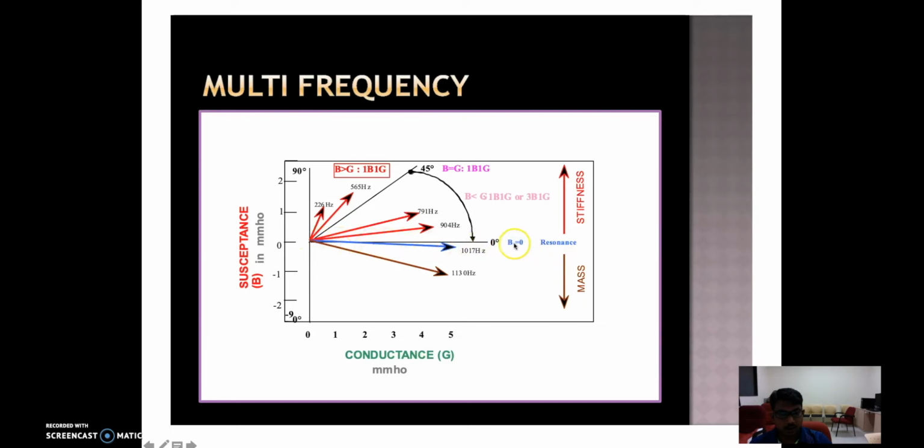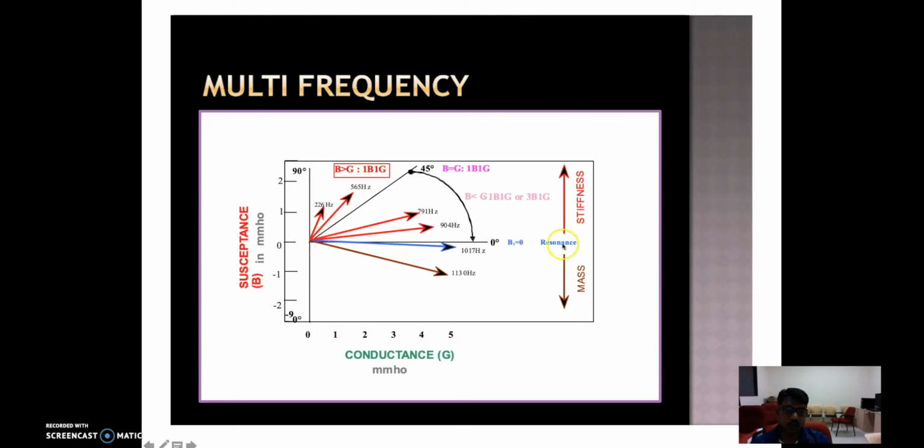And you can see that at 0 degree, BT could be equal to 0. That means the mass continues to increase in such a way that at one point of time there is an equal amount of stiffness and mass contribution towards the impedance reaction. Since these two are in opposite phases, they will cancel each other out.